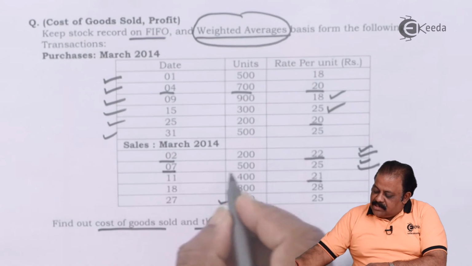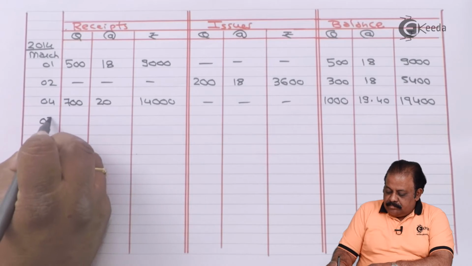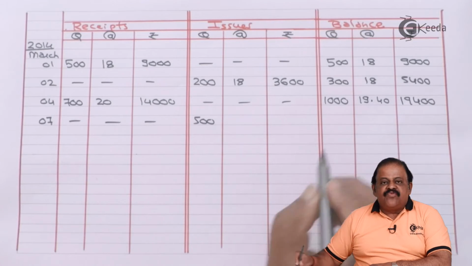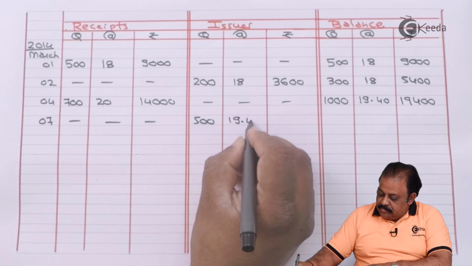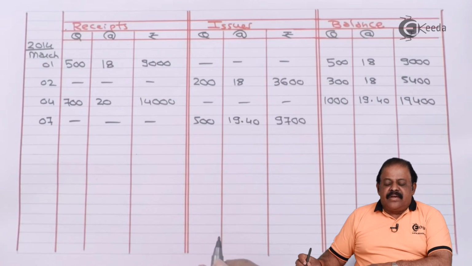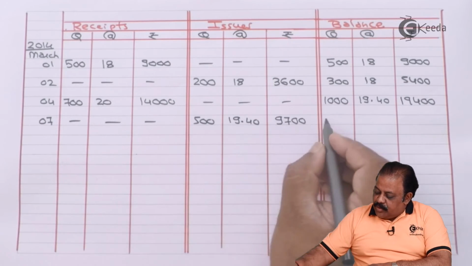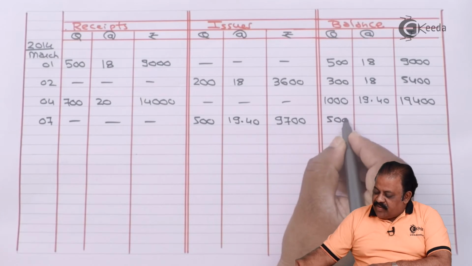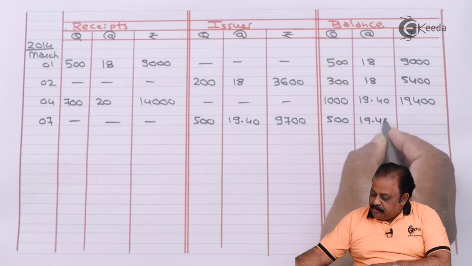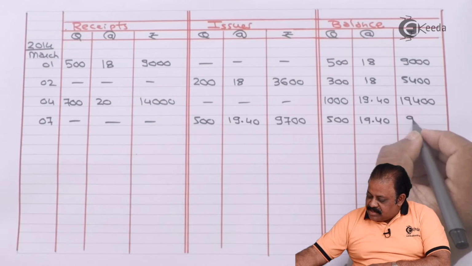On 7th March there is a sale of 500 units. Weighted average basis 19 rupees 40 paise. 9,700. Out of 1,000 units are issued. So balance 500 units. Value per unit 19 rupees 40 paise. It will be 9,700.